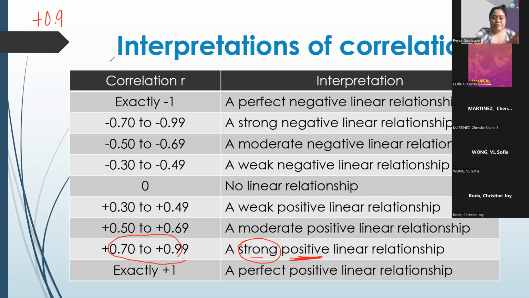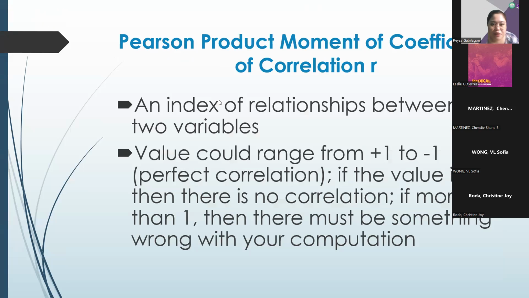Ganun din yon. Lagay niyo sa decision rule yung decision rule na sinabi ko kanina, and that there is a strong, positive relationship, and you are accepting or rejecting the null hypothesis. Sa conclusion yan siya nilalagay. Okay? So I hope that's clear. Any question? Meron bang gustong itanong?